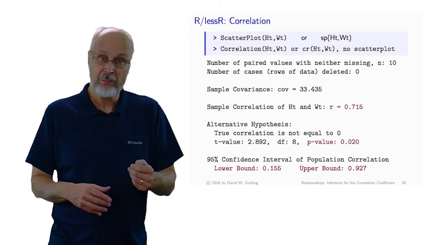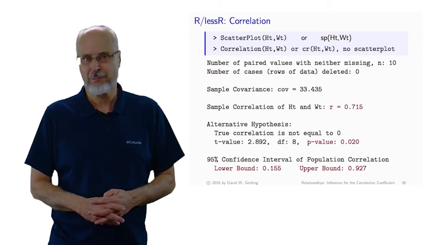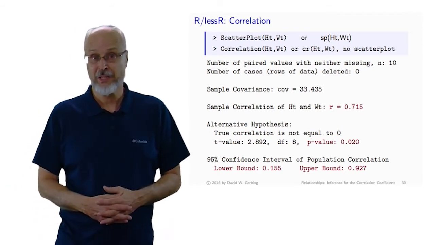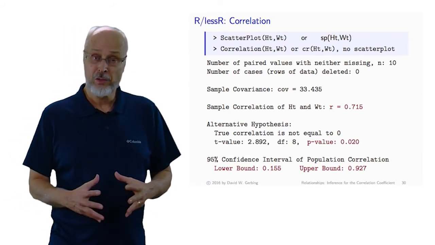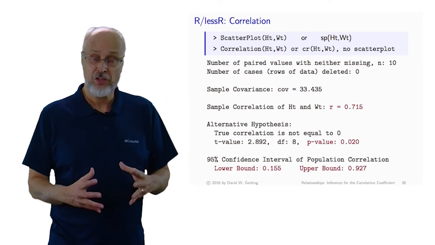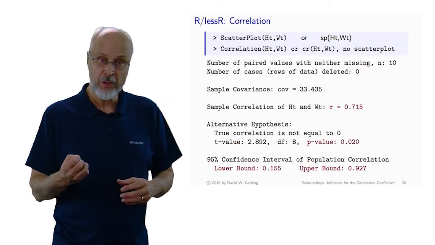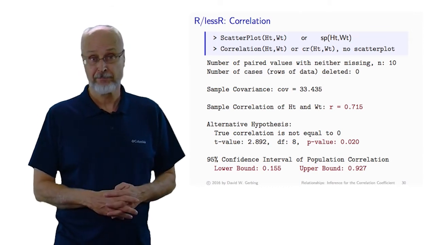Yes, it's not 0, but it still could be quite small as well. For such a small sample, we don't expect to get a lot of information, but we did get enough information from this particular sample to conclude that the population correlation coefficient is larger than 0, which means that the two variables, height and weight, are related to each other.